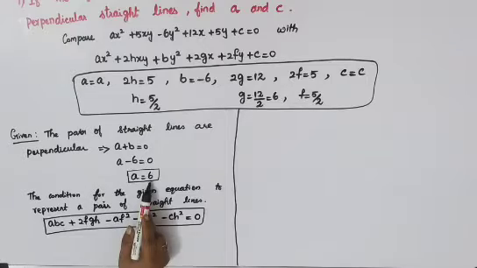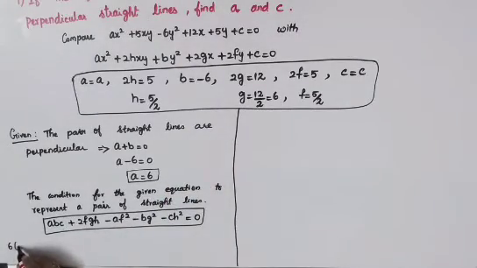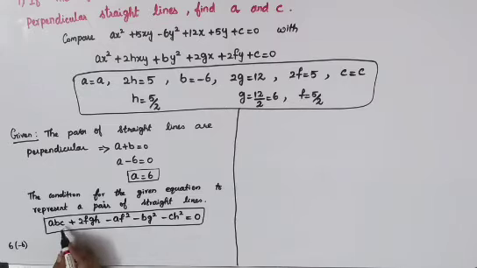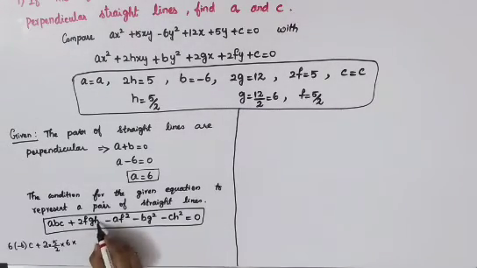So write 6, into −6, into c, keep your c as it is, plus 2, as it is. f is 5/2, so into 5/2. Again g is 6, so write 6, into h, which is 5/2. Now minus, again a is there. A is 6.